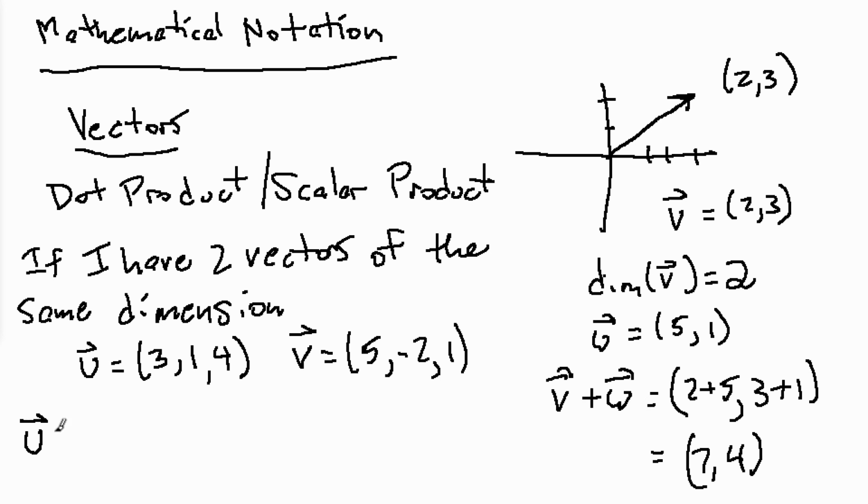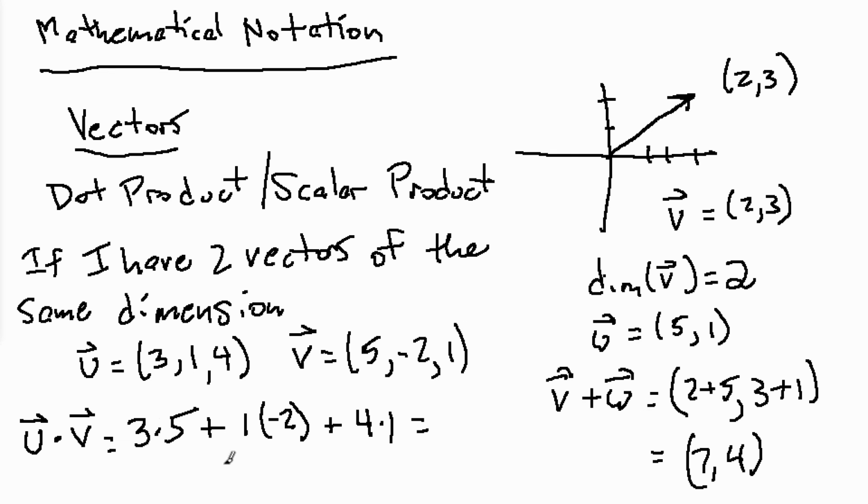I can do this thing called the dot product, and I write it this way: u dot v. It's equal to, well, I'm going to multiply the 3 times the 5, and to that I'm going to add the 1 times minus 2, and to that I'm going to add 4 times 1.